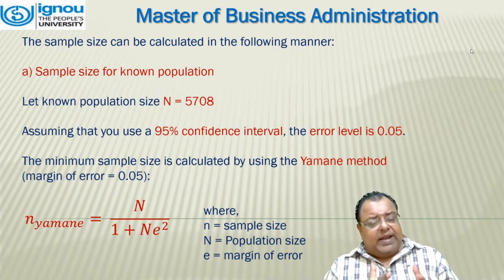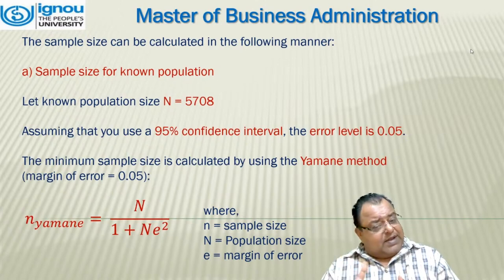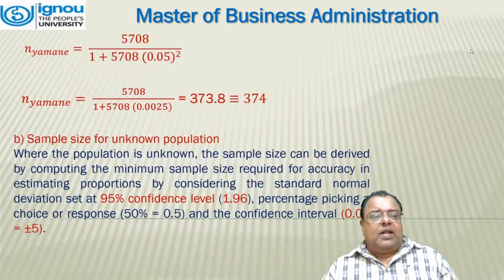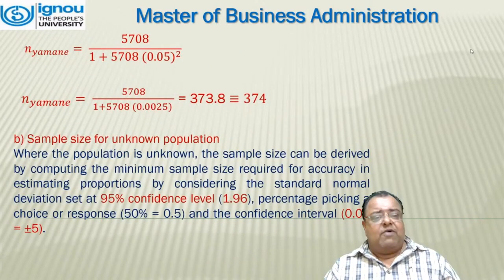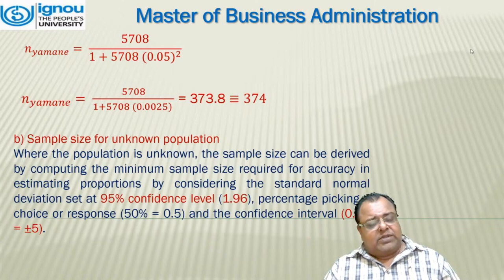Mathematically, its relation is n = N / (1 + N e^2). Now, here the population size is known, and the margin of error is known. Simply putting the values in the basic formula, we get 373.8, which can be taken as 370.